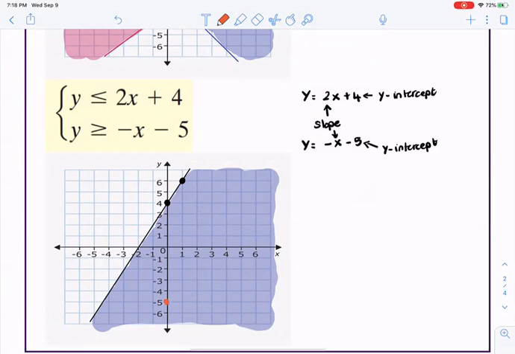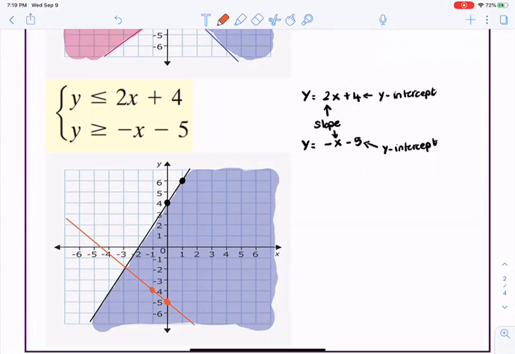So I can put a solid dot, and the slope is negative 1. So we will have negative 4 there. And that would be our solid line.